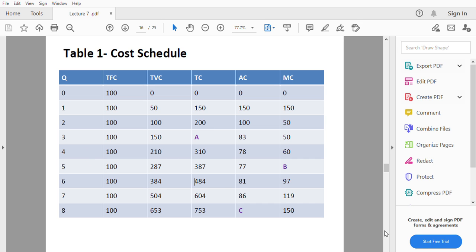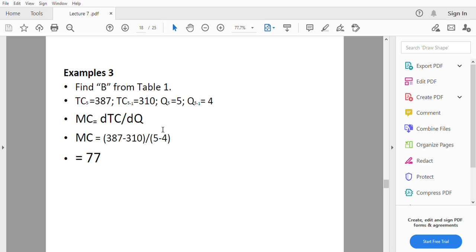Let's see how it was done. As we stated them: current total cost, previous total cost, current quantity, previous quantity. So 387 minus 310, all divided by 5 minus 4, we have 77.